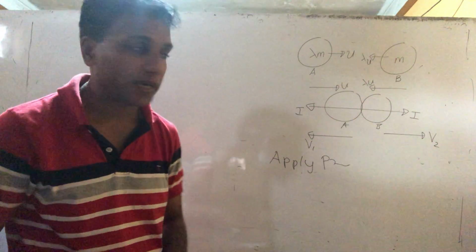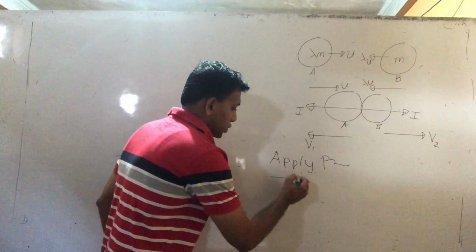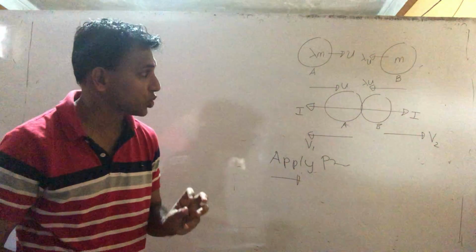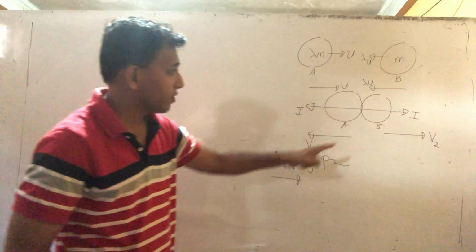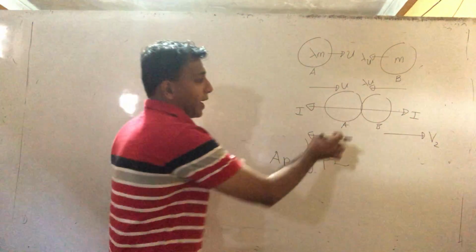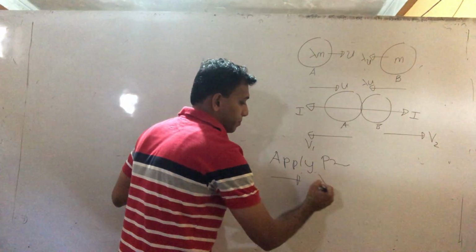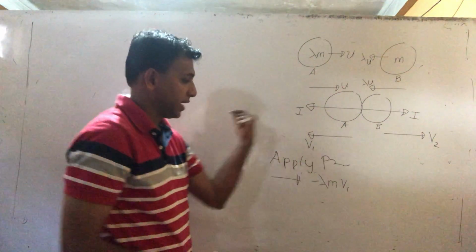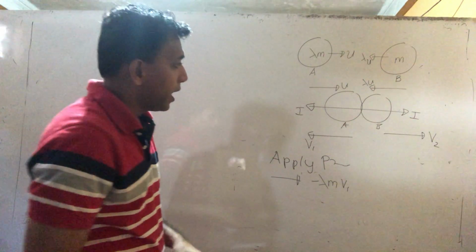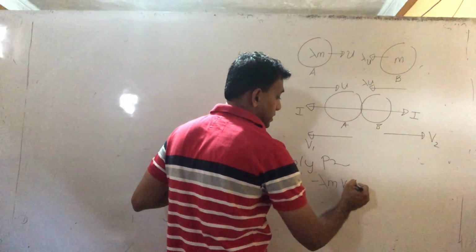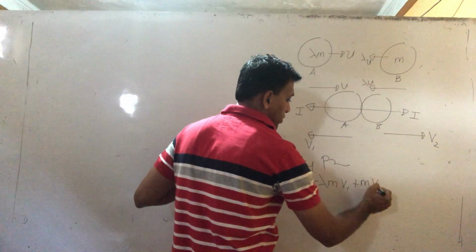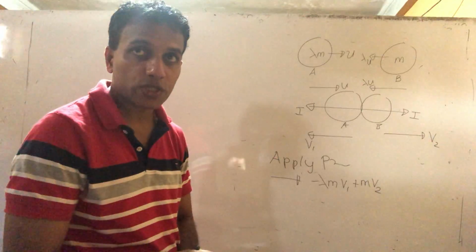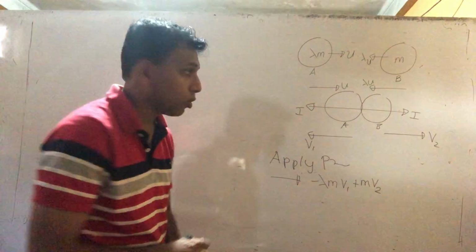apply the principle of momentum toward that direction. Final momentum equals initial momentum. If I take the final diagram here, the mass of this is lambda m into V1, in this direction. And plus mass m, its velocity V2. The system's final momentum, mass into velocity, equals initial momentum.